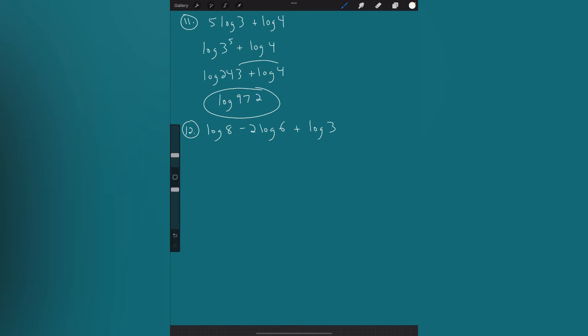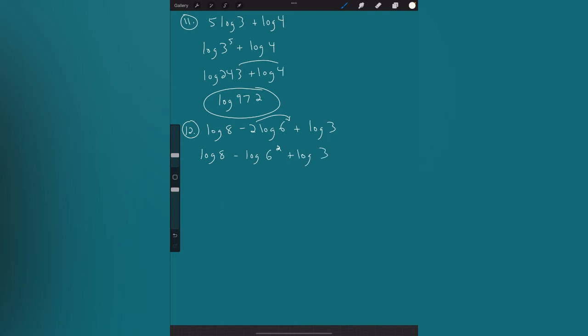If I take log 8 minus 2 log 6, I can write this as log 6 to the 2nd power, because I take that 2 and move it up here. So log 8 minus log 6 to the 2nd power, plus log 3.